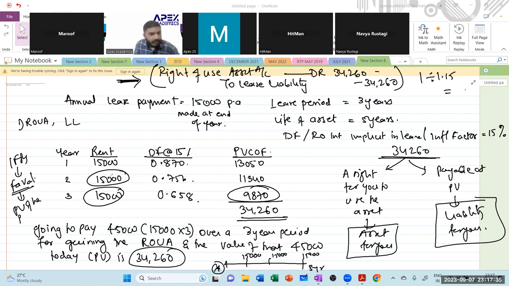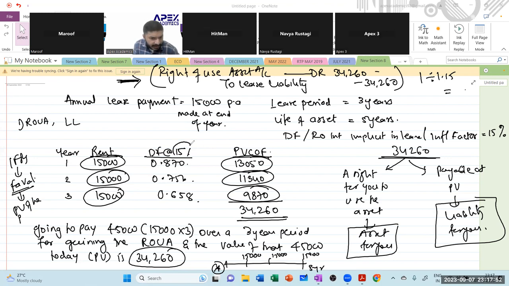After 2 years, you are going to pay 15,000. What is the value of it today? Today its value is 11,340. 15,000 is going to be paid at the end of 1 year. So 13,050 will have a value equivalent to 15,000 after 1 year. Why? Because money will lose value at the rate of 15%. So I am compounding this at the rate of 15% for 1 year.